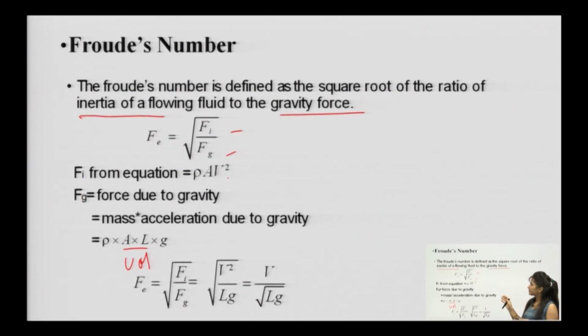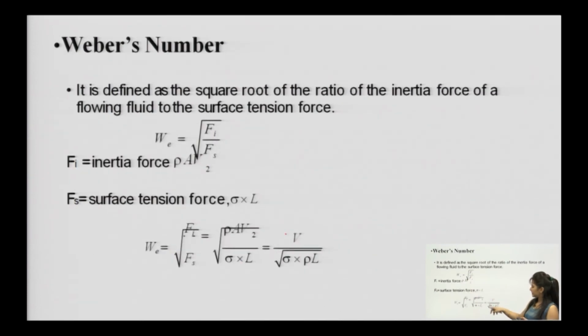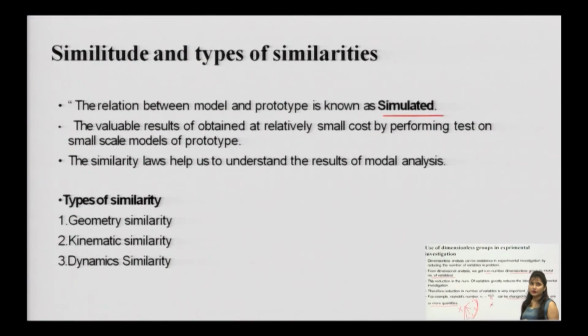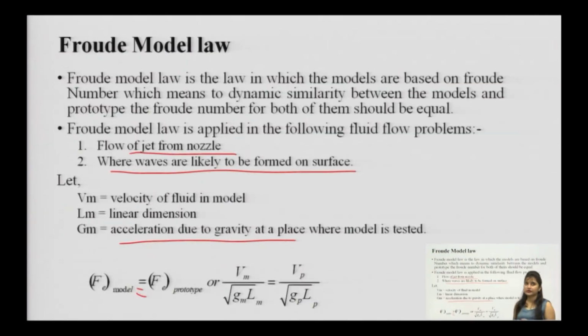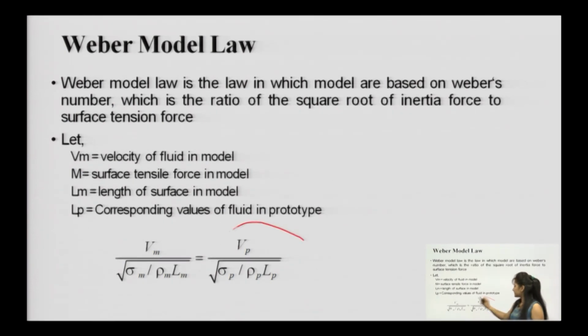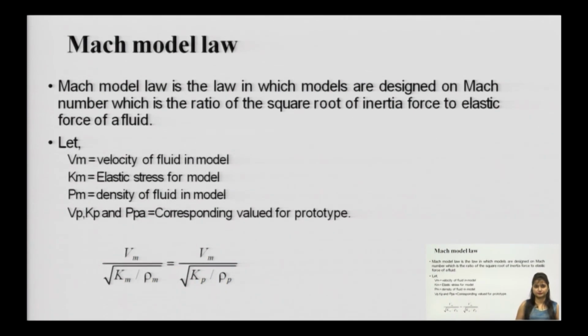Here you have Froude's number, then Euler's number, then Weber's number, V by the square root of surface tension by rho L, then Mach number. If these numbers are equal for models and for prototype, that becomes their law. Weber's value is calculated for model and for prototype, and if they both are equal, then it follows Weber's model law.